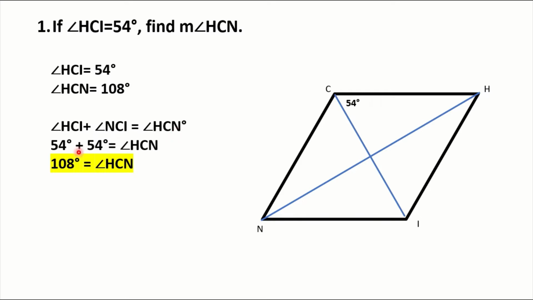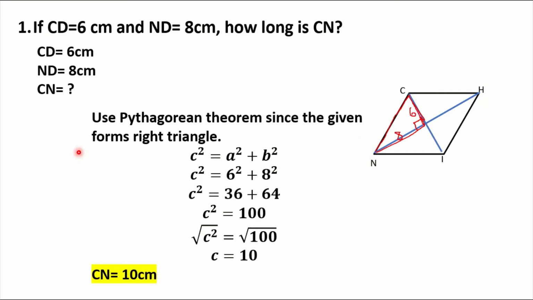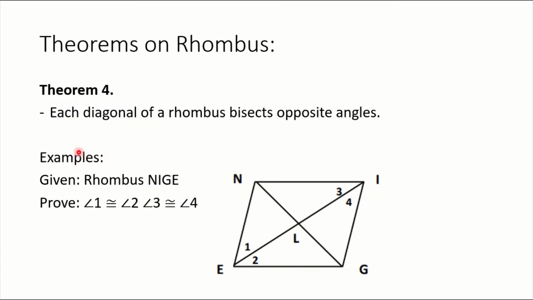So, by the first theorem that we have discussed, ay hindi, ano pala yung perpendicular? Yung pangalawang theorem regarding rhombus, that the angles are congruent. Ayan. Angle 1 and angle 2 and angle 3 and angle 4 are congruent. So, kung ang angle 1 mo daw ay halimbawa 55, no?